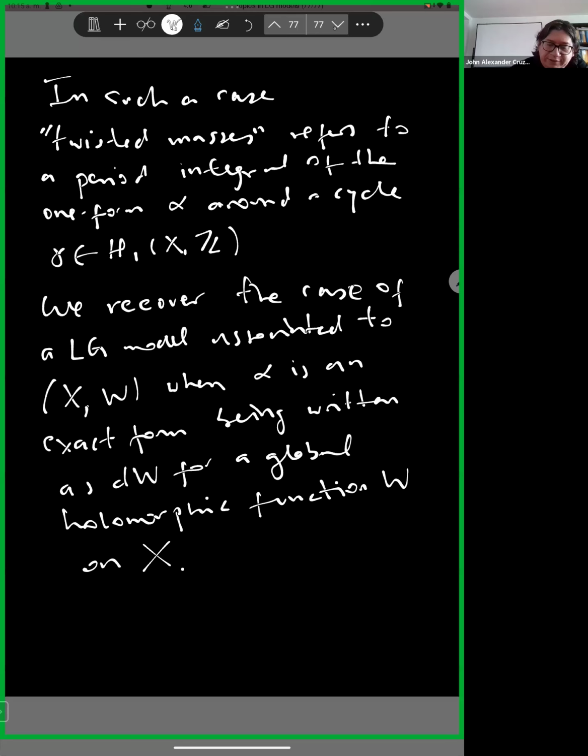Let me make a remark that could be helpful: this generalization is analogous to the generalization of Morse theory, the so-called Morse-Novikov theory.